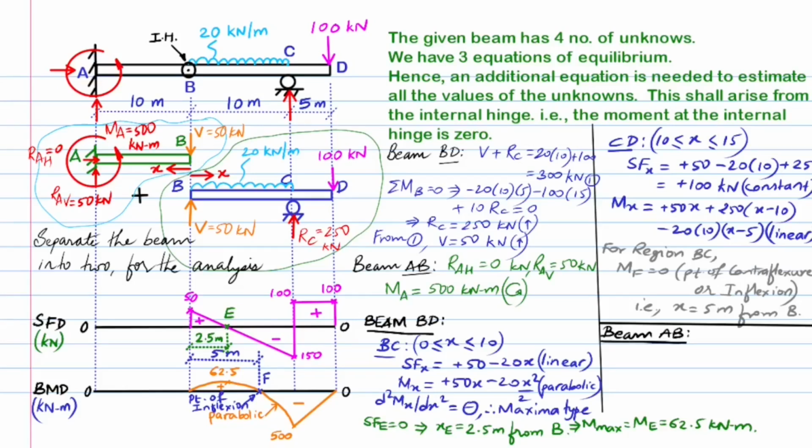The shear force at x equals plus 50 kilonewtons and is a constant. The bending moment at x equals minus 50 times x and is linear with respect to x. We plot the values for the region in the shear force diagram and bending moment diagram accordingly.